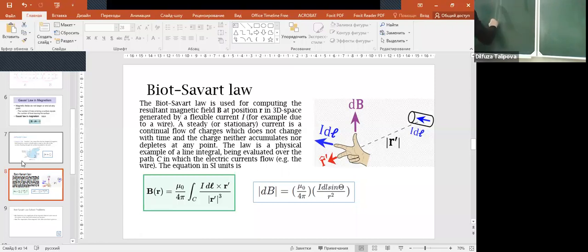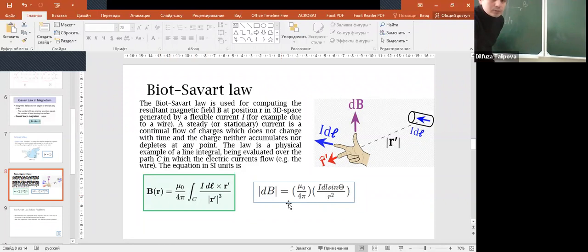Let's call the length of the wire L, and the current is carrying in this direction, I. We should find the magnetic field at some distance R from the wire, at this point, B.